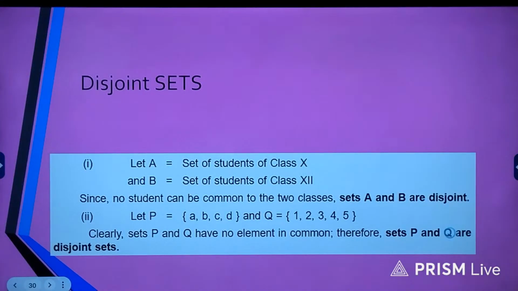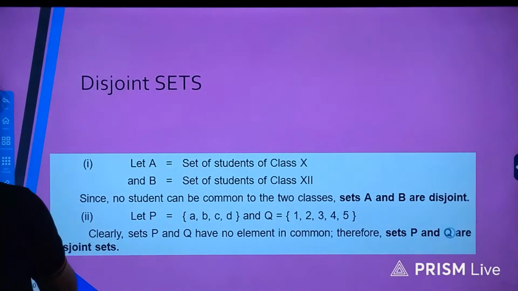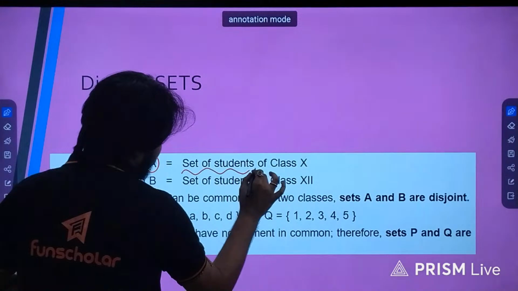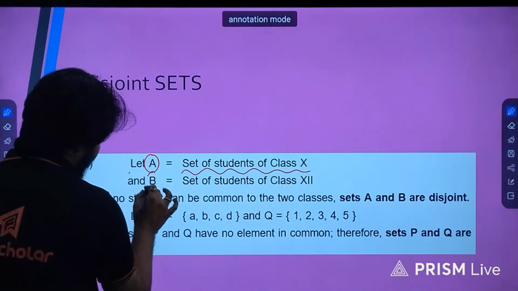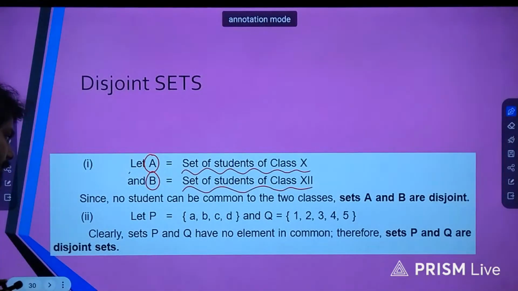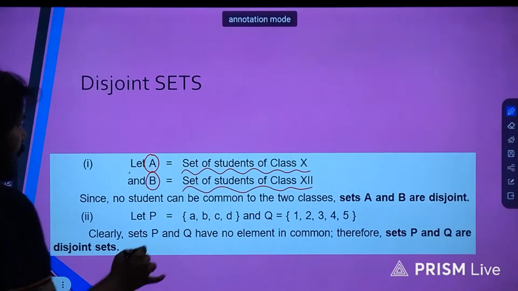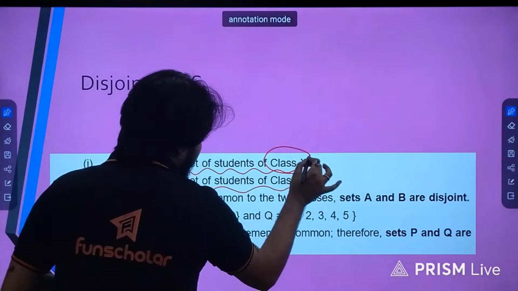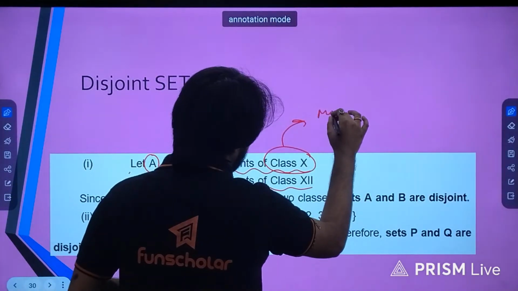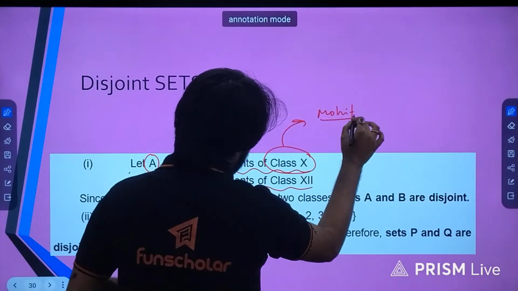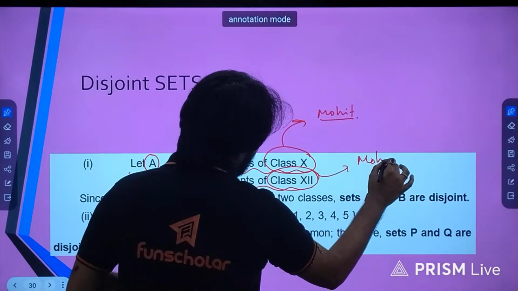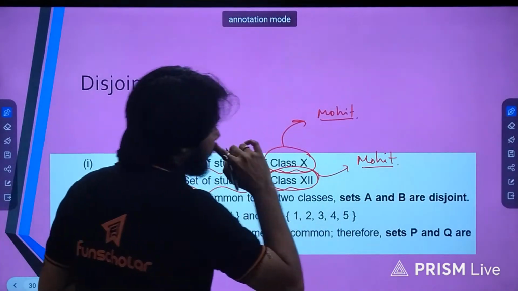Disjoint sets. Suppose A is the set of students of class 10 and B is the set of students of class 12. Suppose in class 10 there is a student Mohit, and in class 12 there is also a student whose name is Mohit.